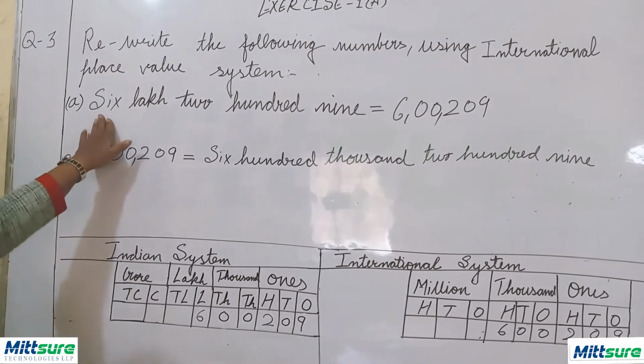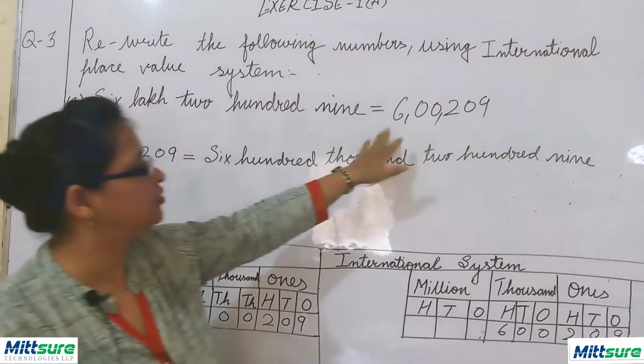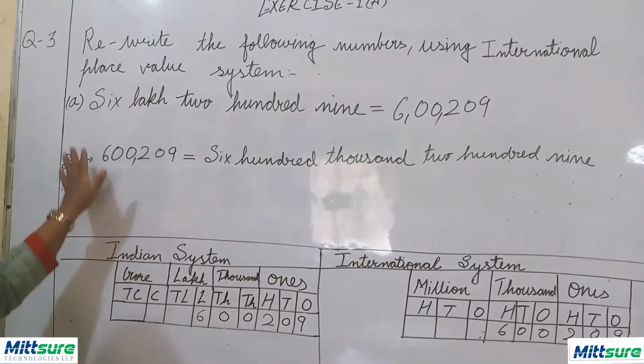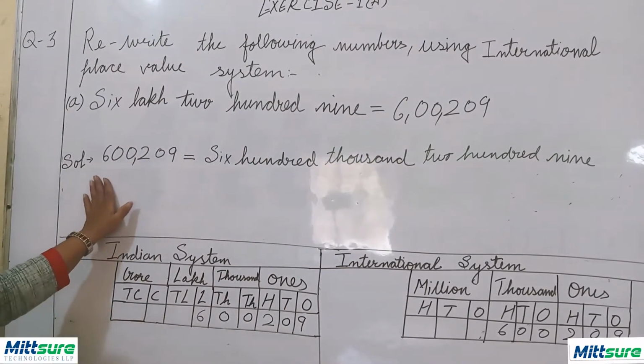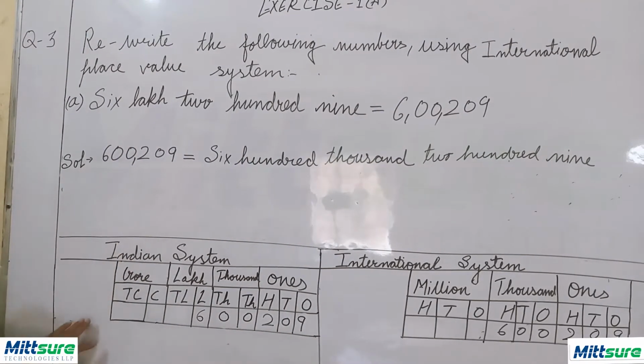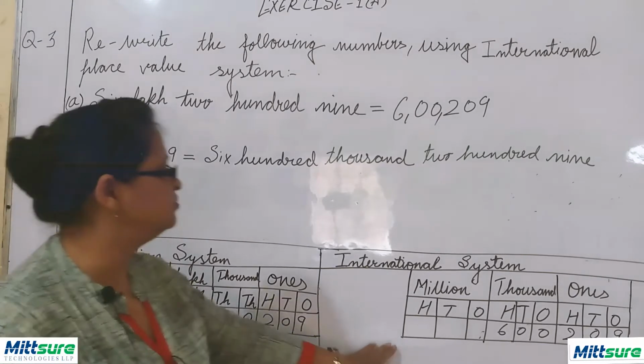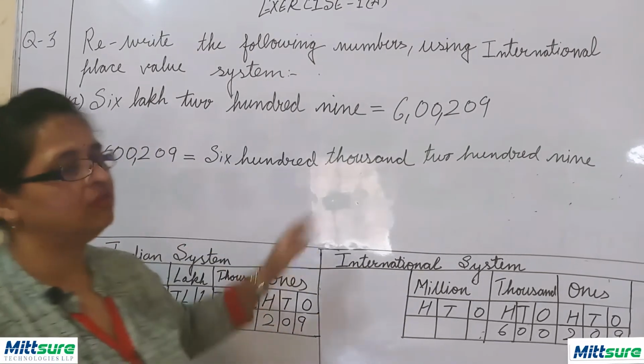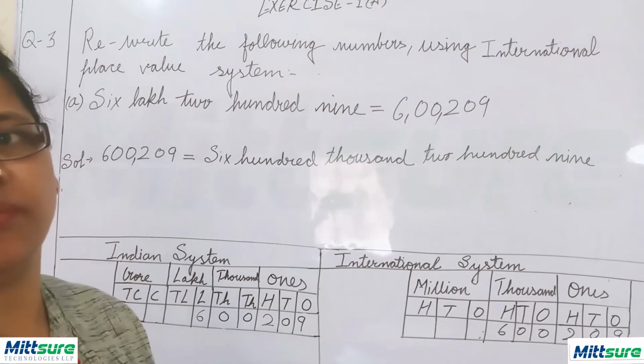We will first write the numerals of the number name, then we will convert this number into the international system and then we will write their number name.